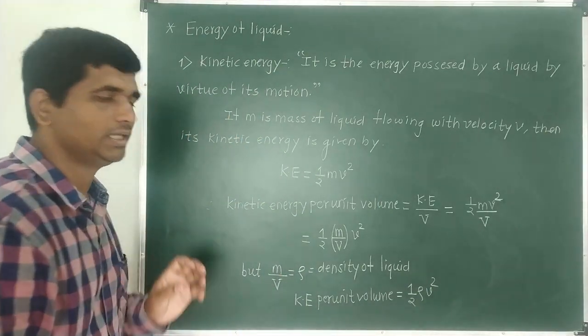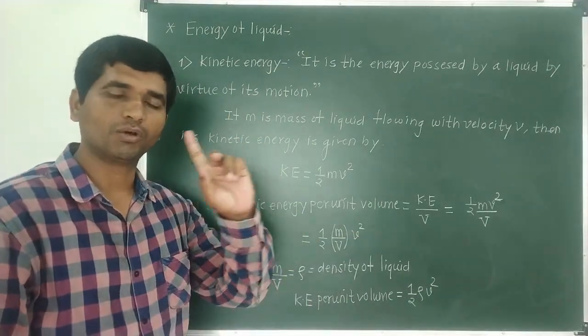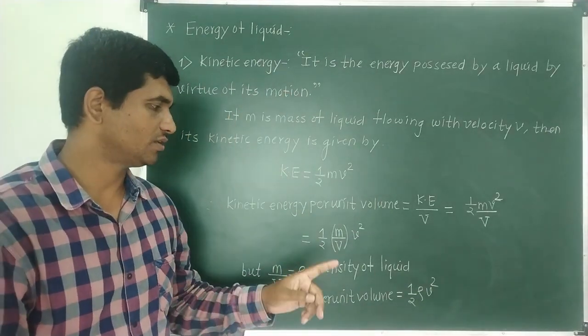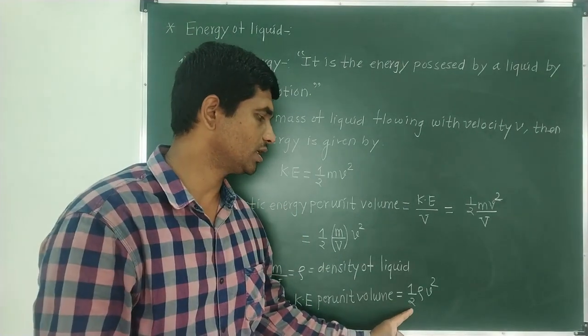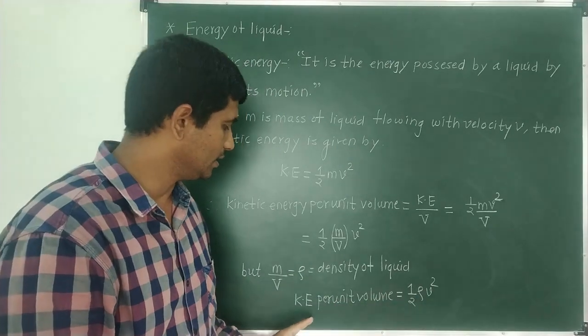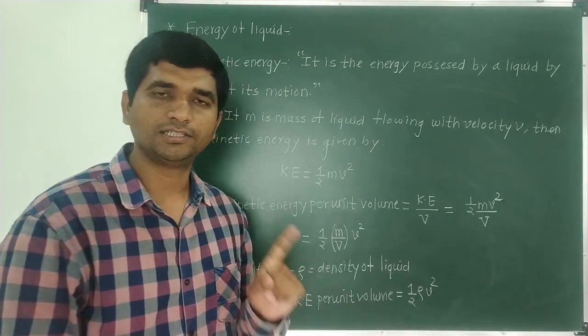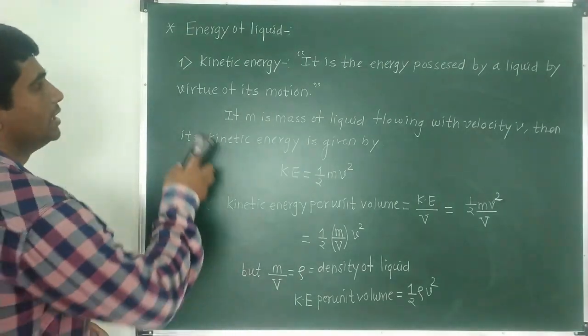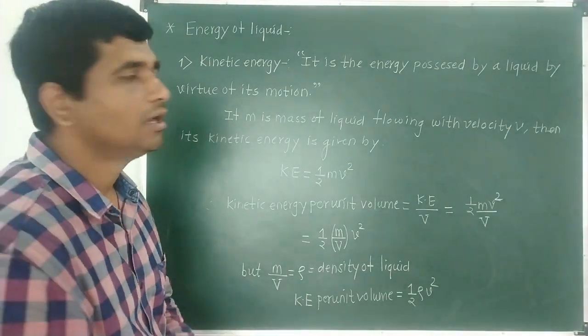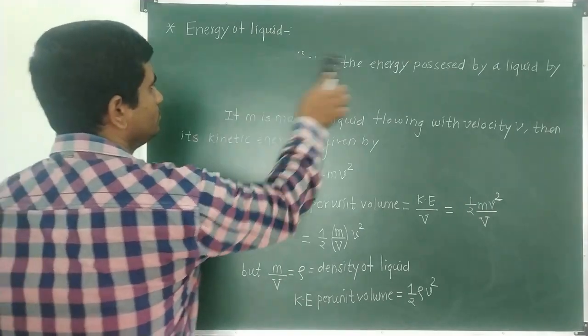This will be one of the terms in the Bernoulli's equation we will be using, so you have to remember this. Whenever there is a term 1/2 rho v square, it is called the kinetic energy per unit volume. Now we will move to the next type of energy, that is potential energy.